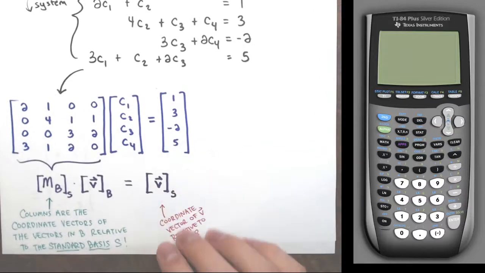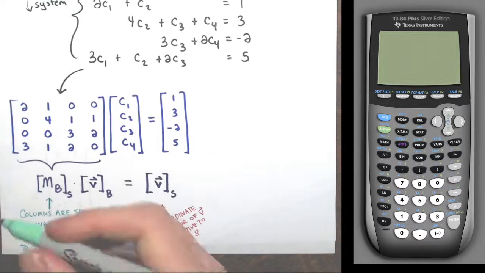That's a way you can think about it when you want to go to a shortcut. So this little formula I've got with this matrix equation is for when you're dealing in any vector space.